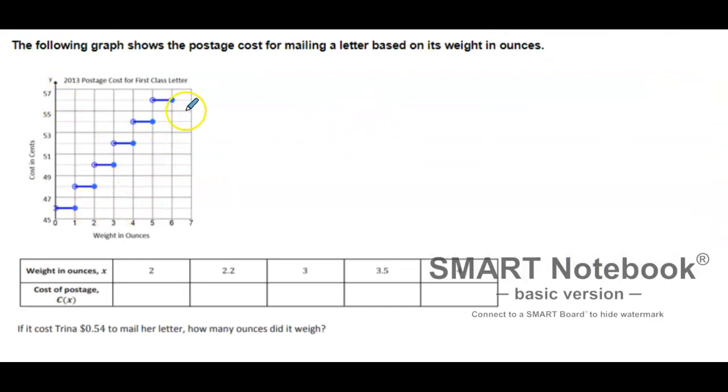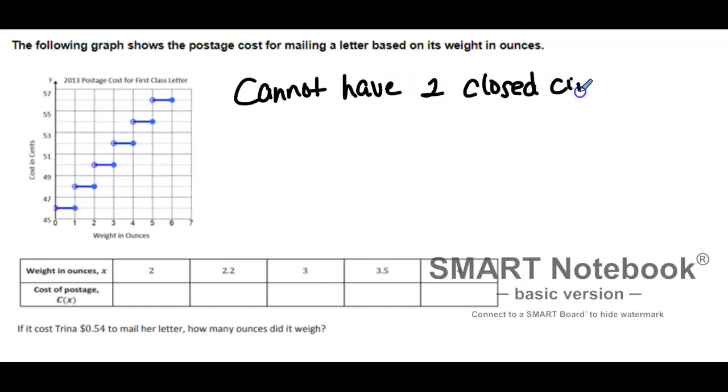Okay, so this is another type of piecewise function. We have all horizontal lines. In order for it to be a function, we have an open circle and a closed circle. We cannot have 2 closed circles in the same vertical line.